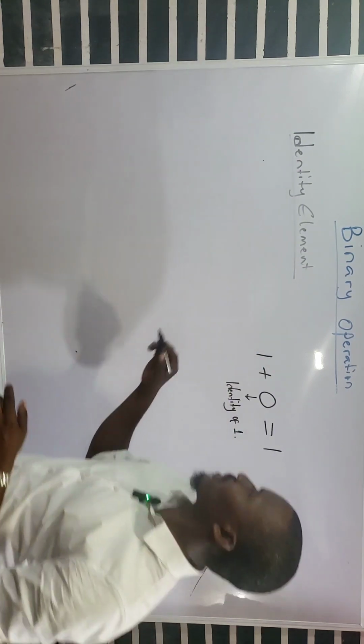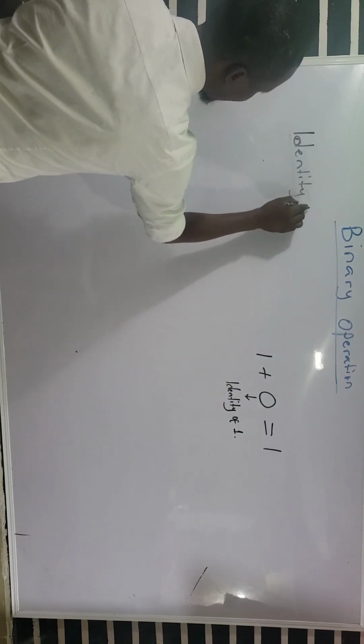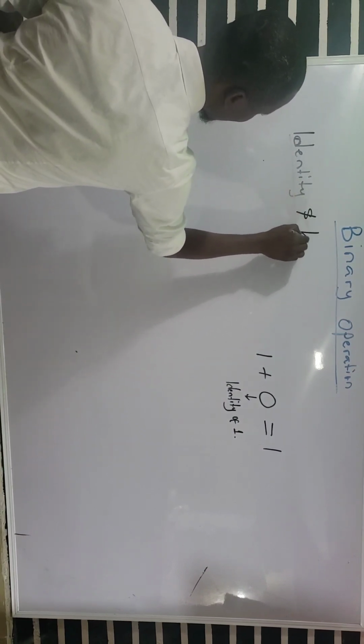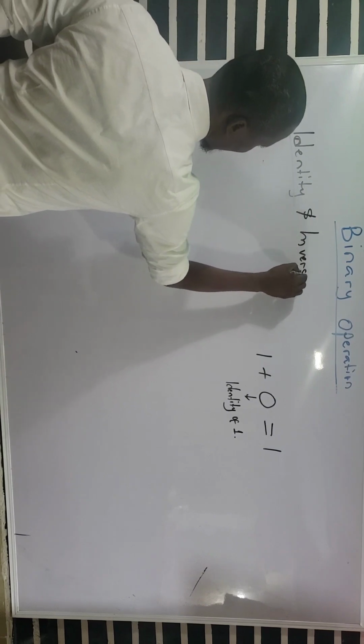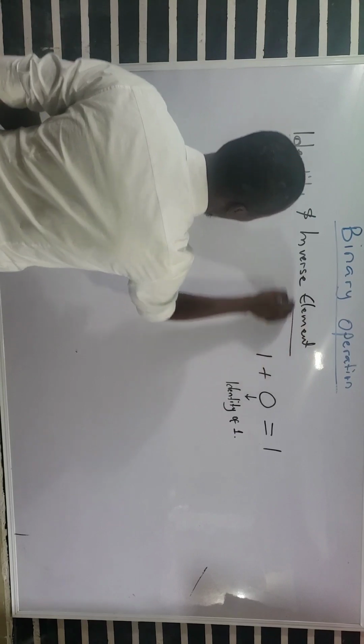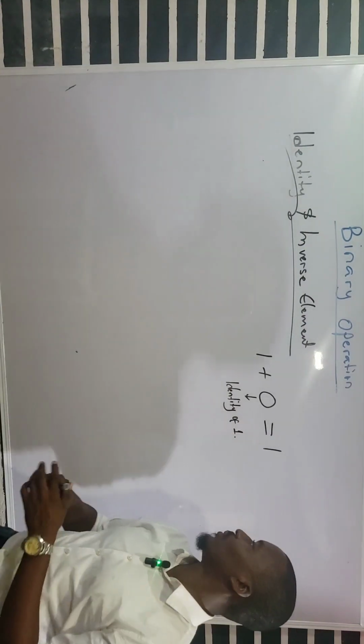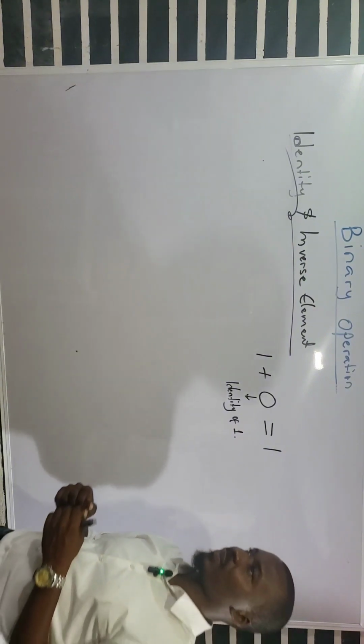Okay? So let's have the two of them together. Let me have identity and inverse element. I like treating the two of them together. Now, what is inverse?